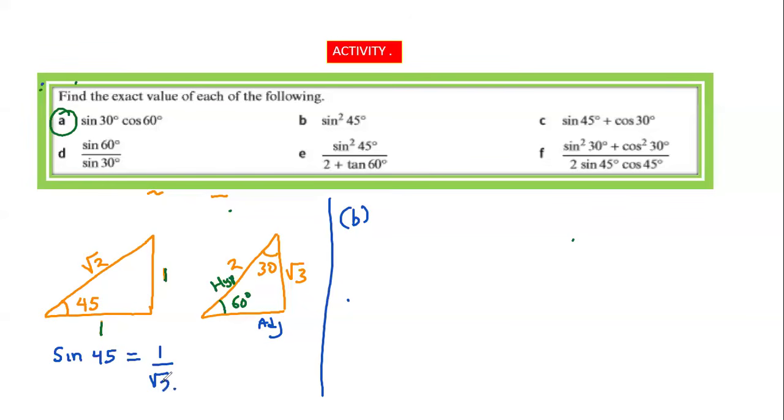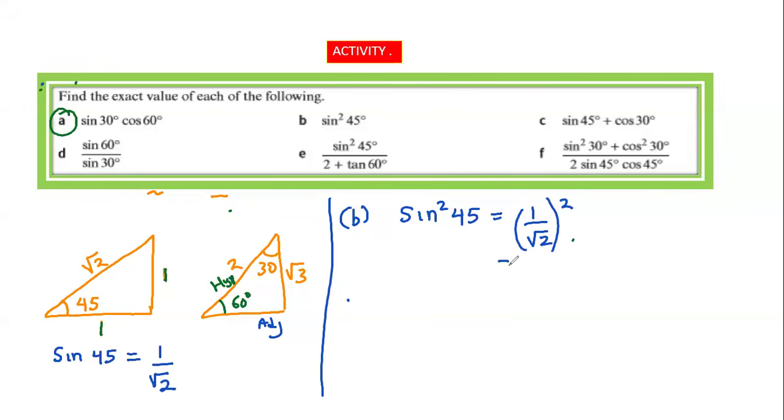So sine squared 45 degrees will be 1 over root 2 squared, everything squared.